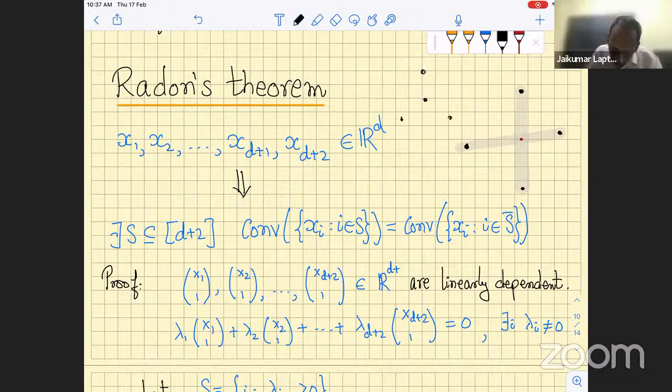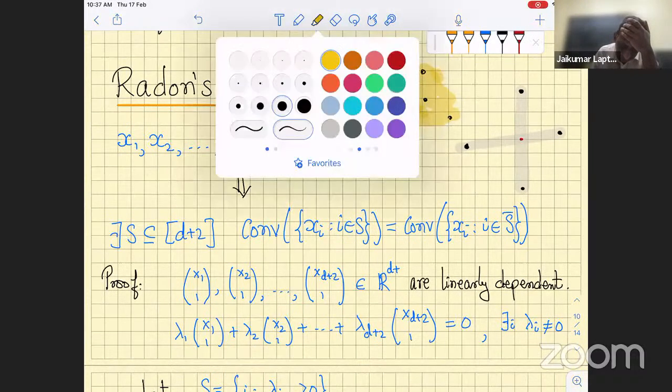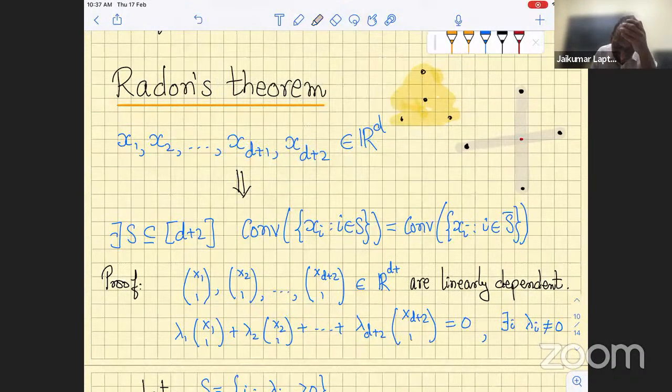Okay, suppose the 4 points were these. Let us see if Radon's theorem holds. Which pair of convex hulls intersect?